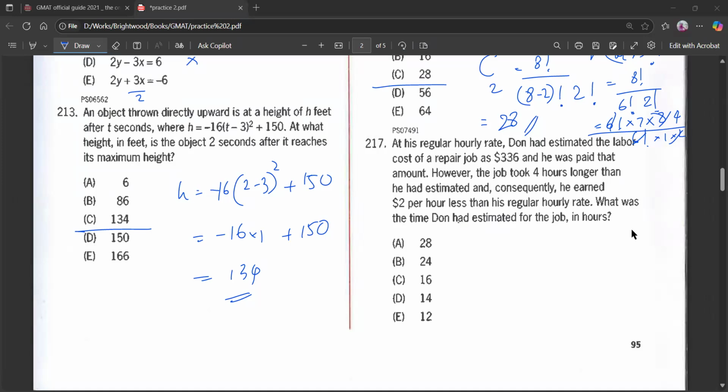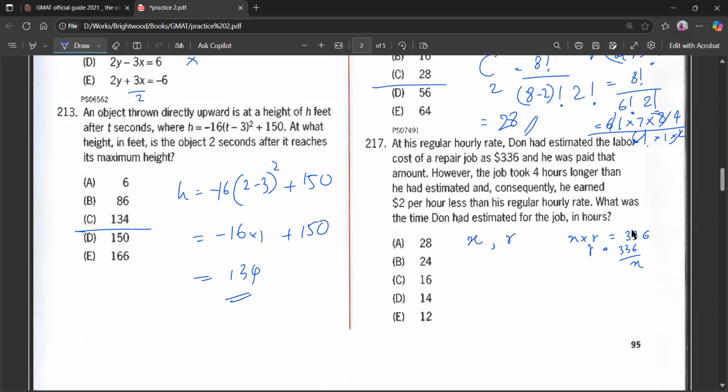If I take the estimated hours as X, and the rate per hour is R, then X into R should be 336. The rate per hour should be 336 divided by X.